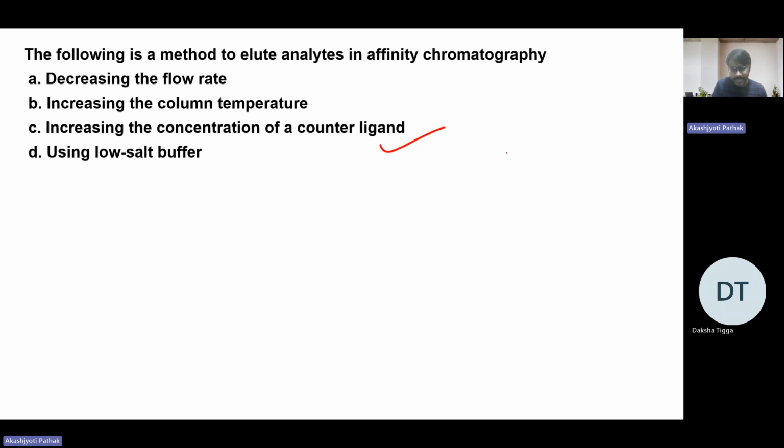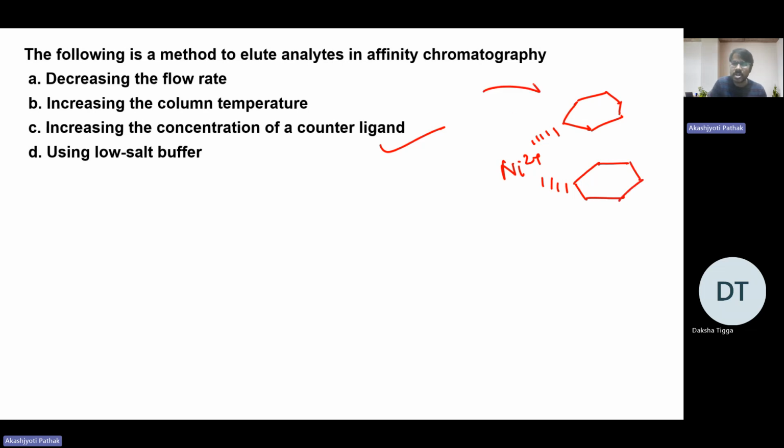As we saw with nickel NTA, what is nickel NTA doing? This nickel molecule is forming a coordinate bond with your histidine molecules, isn't it? So this was your histidine ring. Histidine also has imidazole rings, so nickel was forming a bond with this.